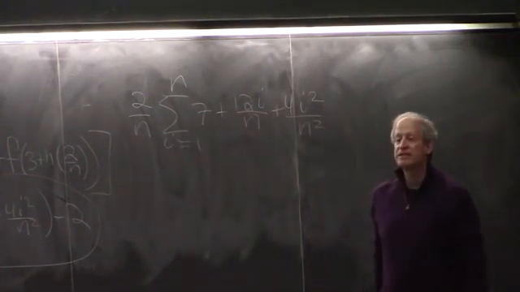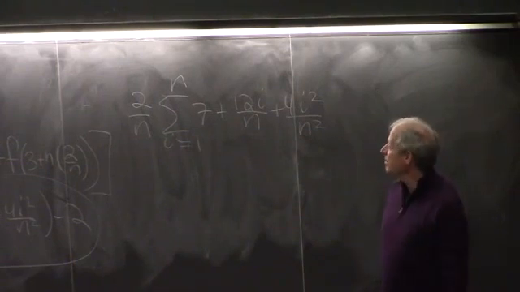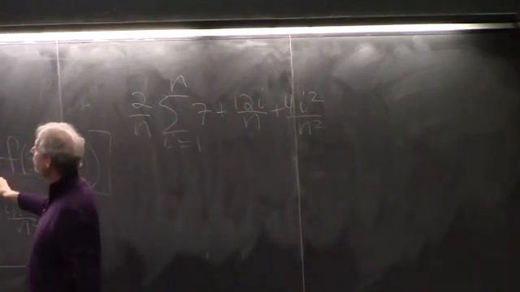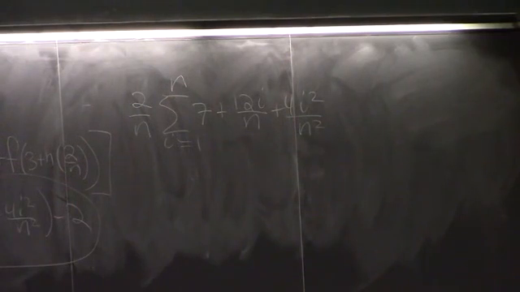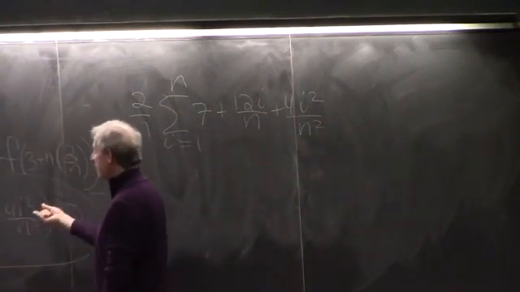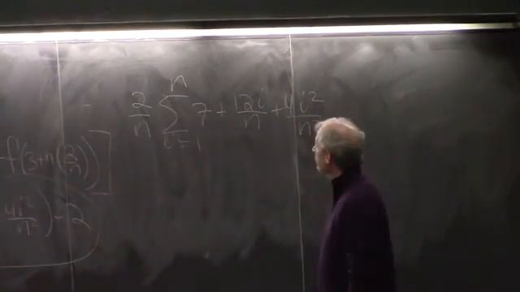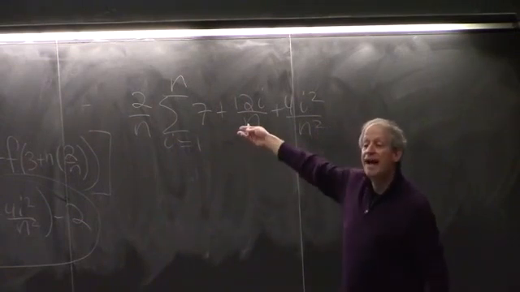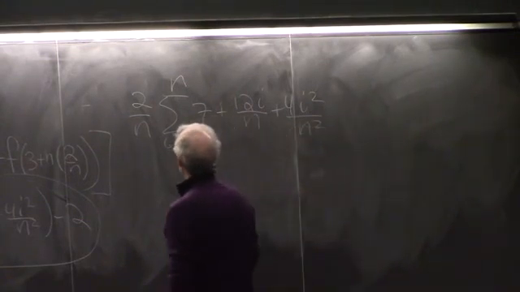Okay? Let's simplify it some more. Remember this just comes from FOILing out 3 plus 2i over n. Okay? Subtracting 2. So I can make that into 3 different sigmas.